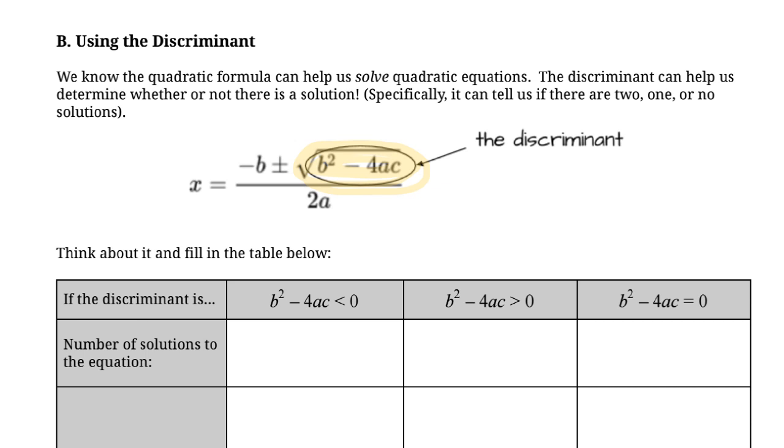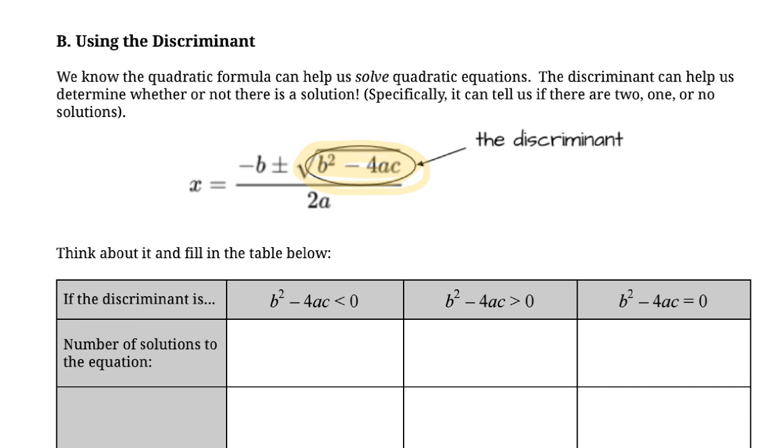Just like in the first example with our linear system, where we said we could have one solution, no solutions, or infinite solutions, we could do the same thing for a quadratic equation or a parabola. We can figure out if there is one solution, 2 solutions, or 0 solutions.